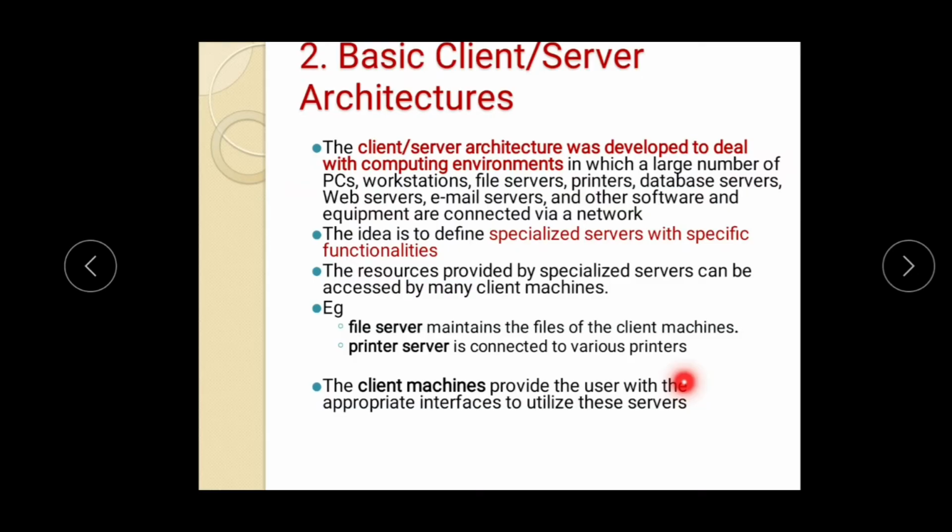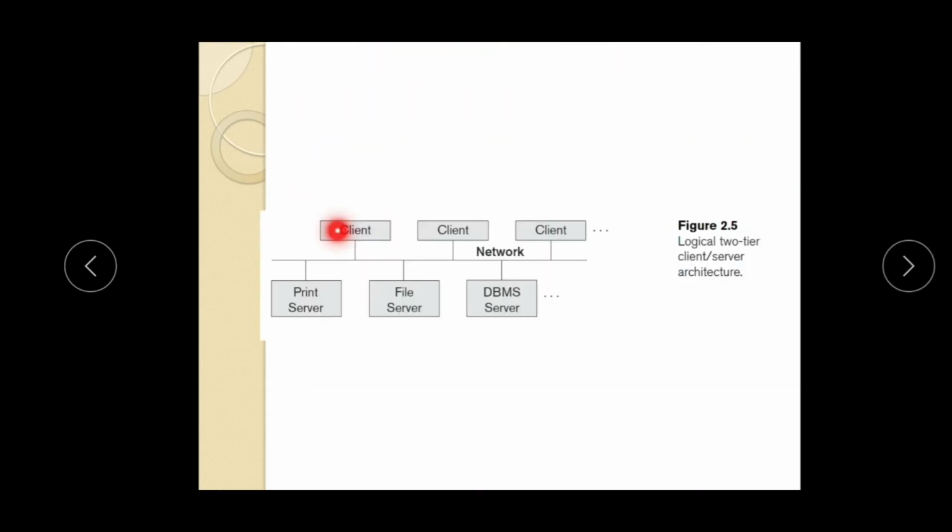The client machine provides the user with the appropriate interface to utilize these servers. The client machine has the appropriate application program that provides the user interface, as well as the required software to connect with the DBMS server or other specialized servers.